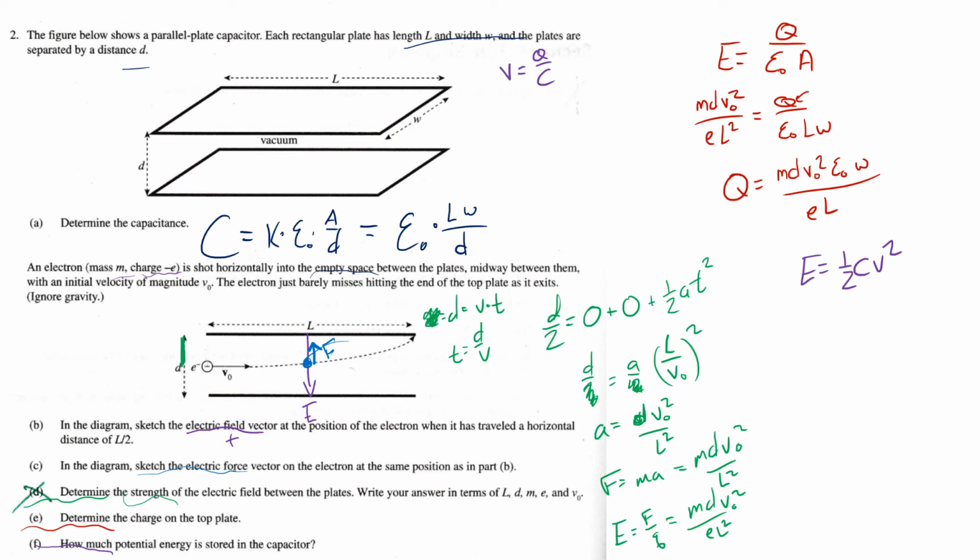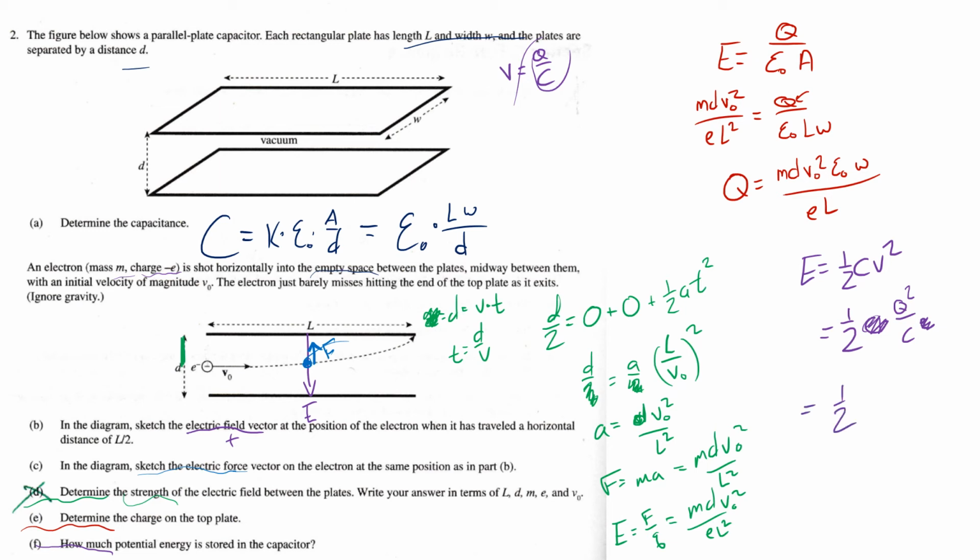So what we can do is, let's just plug this into V. Let's save ourselves some trouble here. So we're going to 1/2 C times Q squared over C squared. Nice. Let's cancel out that stuff. And we know what both of these things are. So now we can just plug them in.